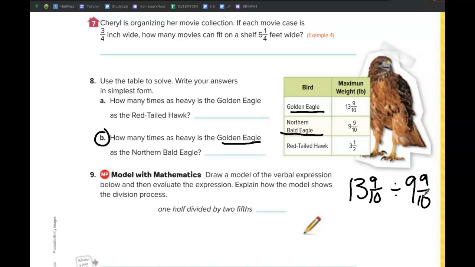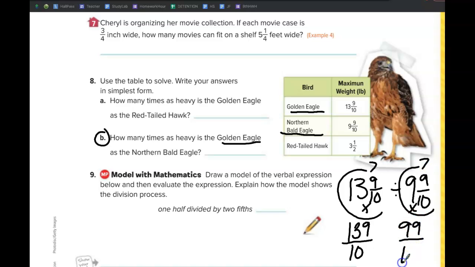Change them to improper fractions. 13 times 10, 130, plus 9 is 139 over 10. And then I have 9 times 10, 90, plus 9, 99, and I keep the division for right now.